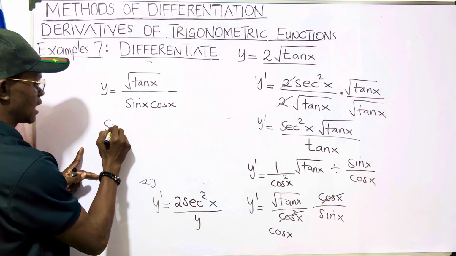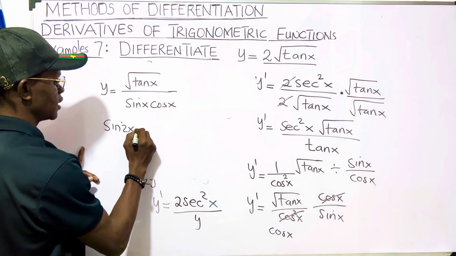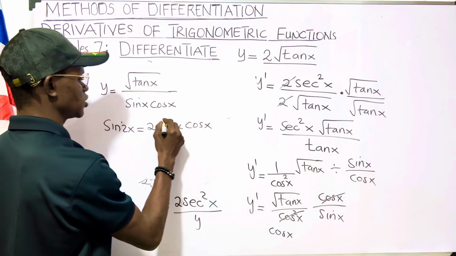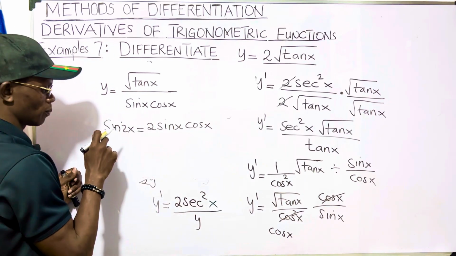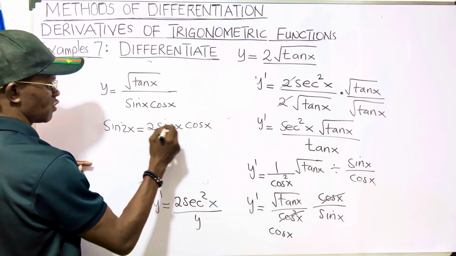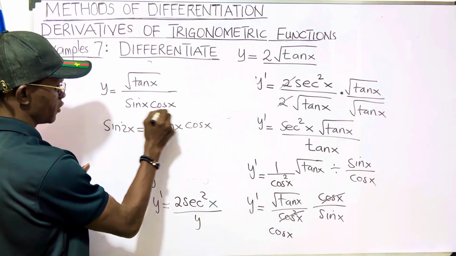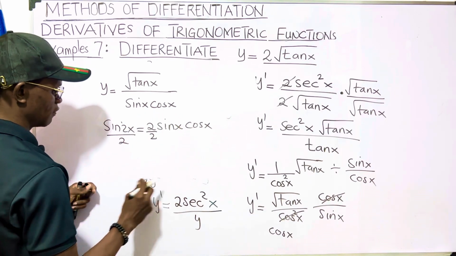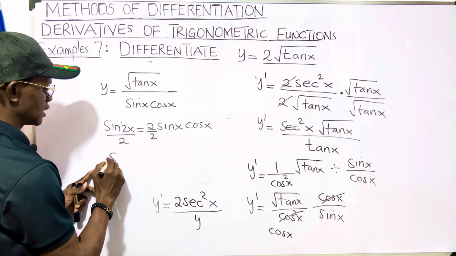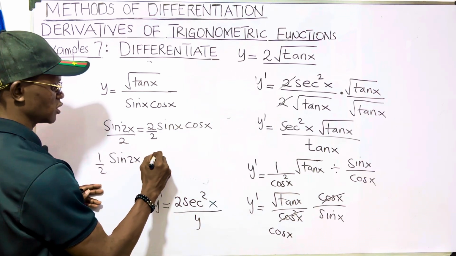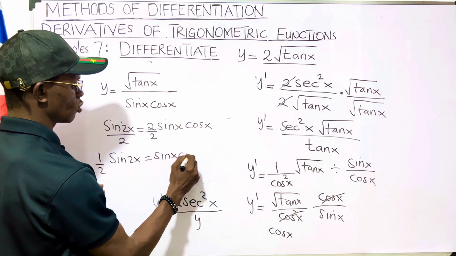But what do we know? We know that sine of 2x is equal to 2 sine of x cos of x, which is the double angle identity for sine. So if we divide both sides by 2 so that we can solve for sine of x cos of x, we have 1 over 2 sine of 2x equal to sine of x cos of x.